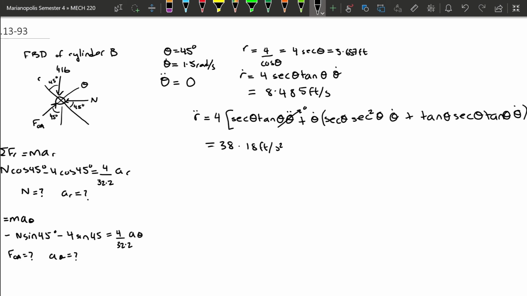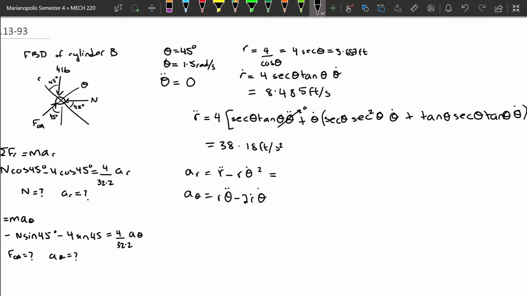Alright, so now that I have all my variables, I can get what my A_r is and what my A theta is. From the formulas, we know A_r is equal to R double dot minus R theta dot squared, and A theta is R theta double dot plus 2 R dot theta dot.